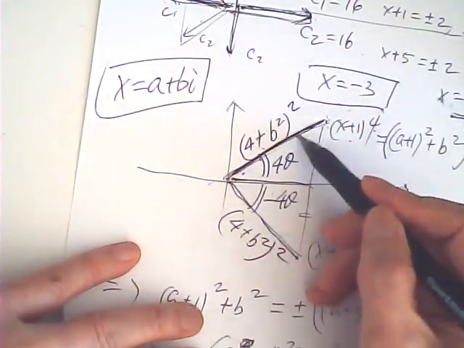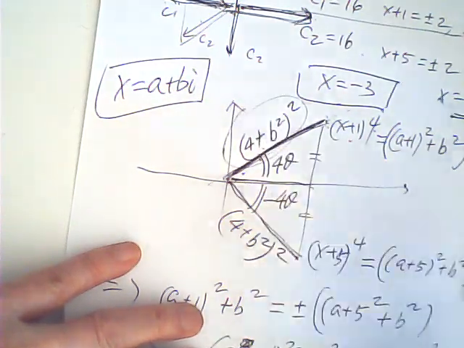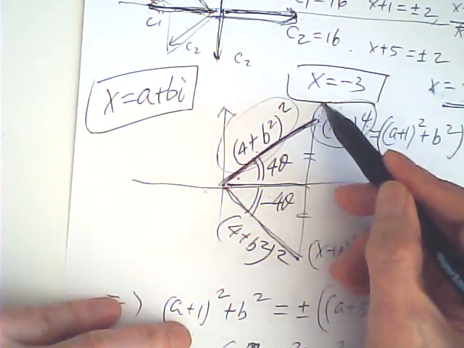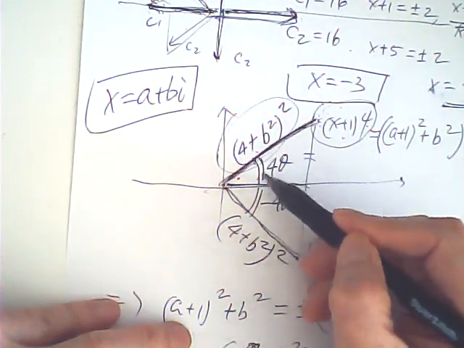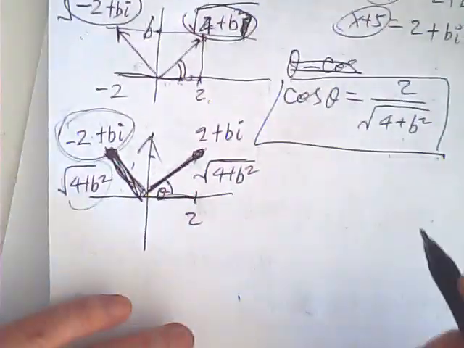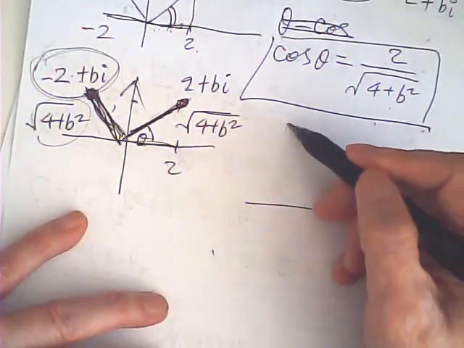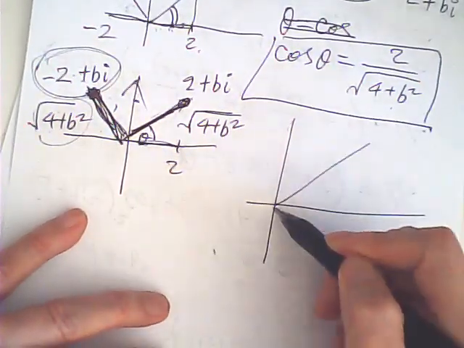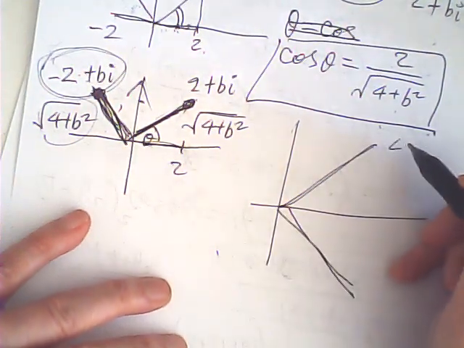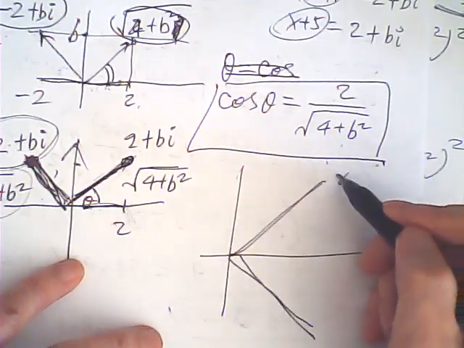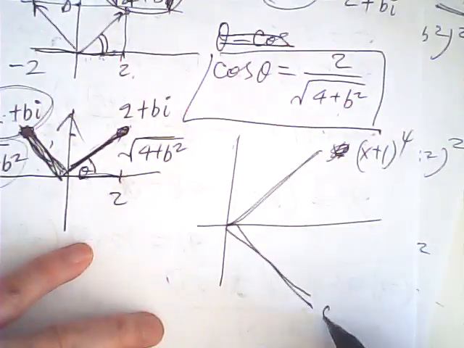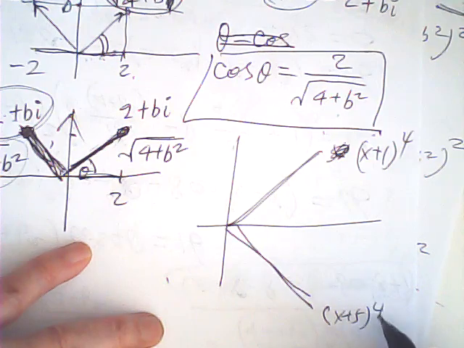Now this is the argument. The length is this. The complex number is this. This is the angle 4 times. Now then we have, let me put it this way, x plus 1 to the fourth and x plus 5 to the fourth.